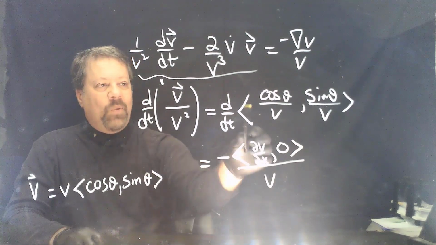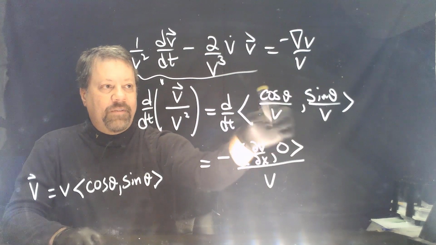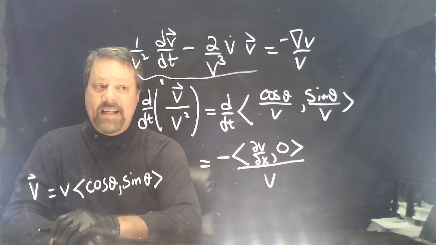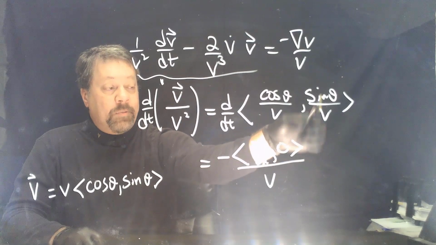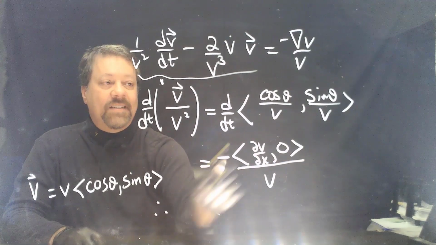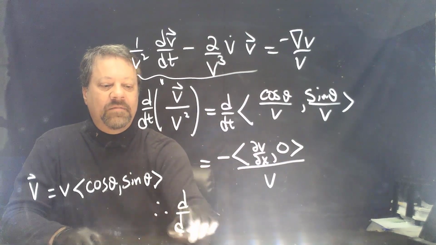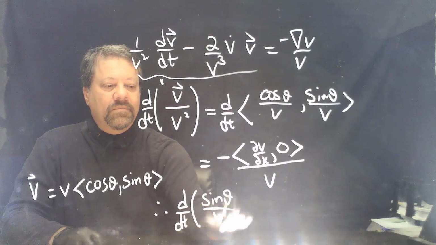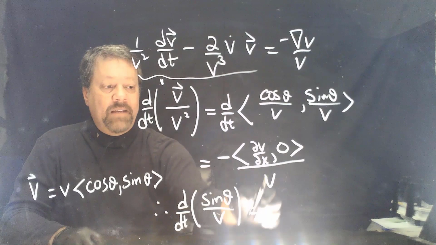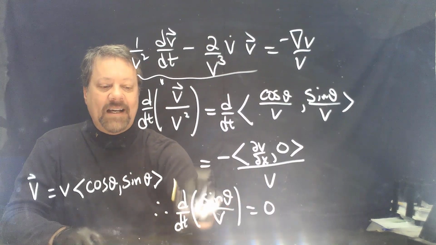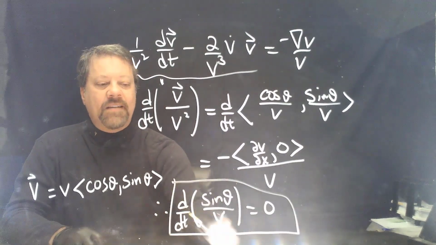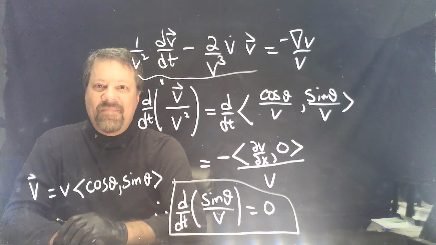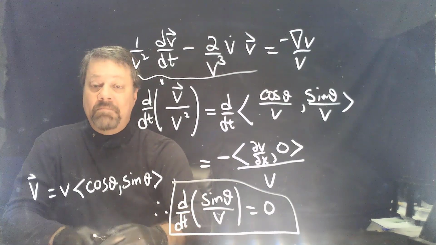If we equate coordinates, the derivative with respect to time of the first coordinate will be equal to the first coordinate on the right-hand side. Derivative with respect to time of the second coordinate will have to equal the second coordinate on the right-hand side, which gives us the invariance of this sine theta over v, v being the local speed of light.